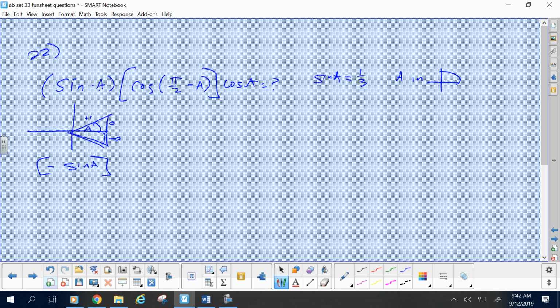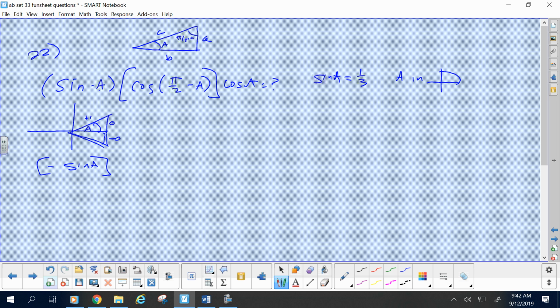Cosine of pi over 2 minus a. What the heck does that mean? It's sine. Why? Okay, so think of it like this. Here's pi over 2. I'm going to call this angle A, and this pi over 2 minus a. You follow me? All right. Now, I'll call these sides A, B, and C. If I said, what's the cosine of pi over 2 minus a, what's the ratio?